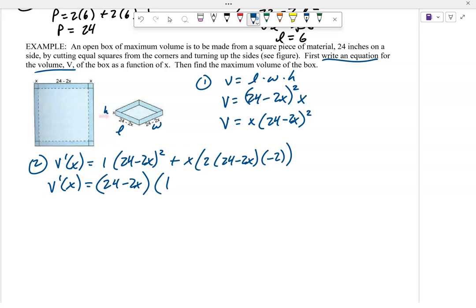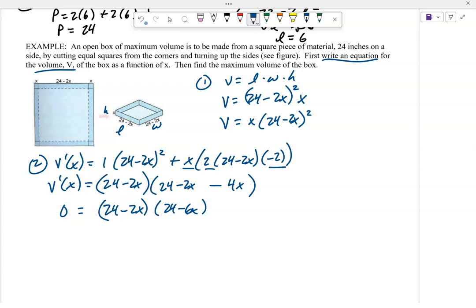Sorry, there's 2 of those in that first one. So I'll have a 24 minus 2x, and then I've got a minus 4x from that term. And so we got 24 minus 2x, and 24 minus 6x.